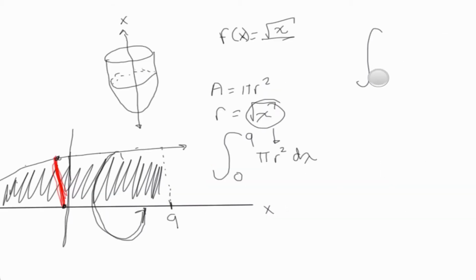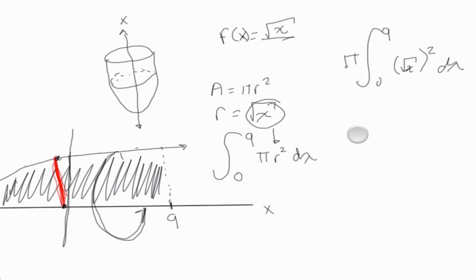I'm going to substitute square root of x in for r squared, so the indices stay the way they are. That pi, since it's a constant, can go outside, and the replacement is going to be the square root of x, squared, dx.